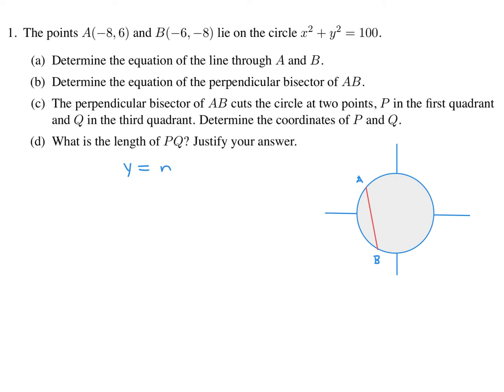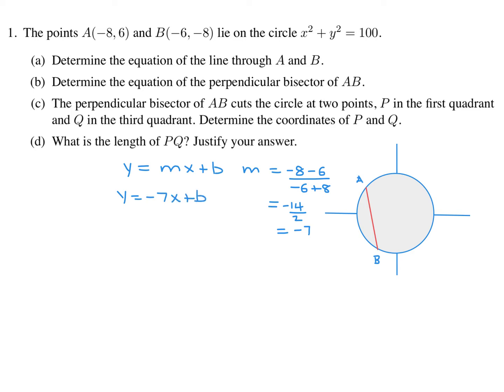Equation of any line is y is equal to mx plus b. M is the slope, which is the rise over the run. So it would be -8 minus 6 over -6 minus 8, so plus 8. That looks like -14 over 2, which is -7. So this is y equals -7x plus b.